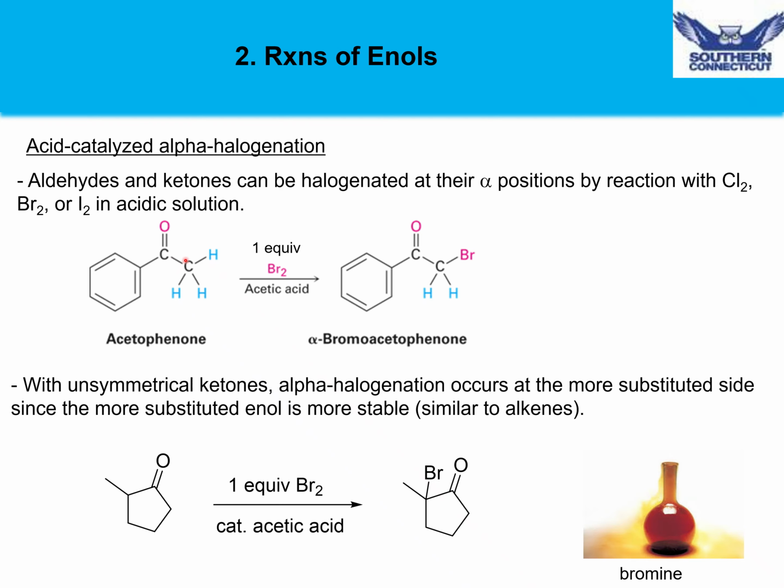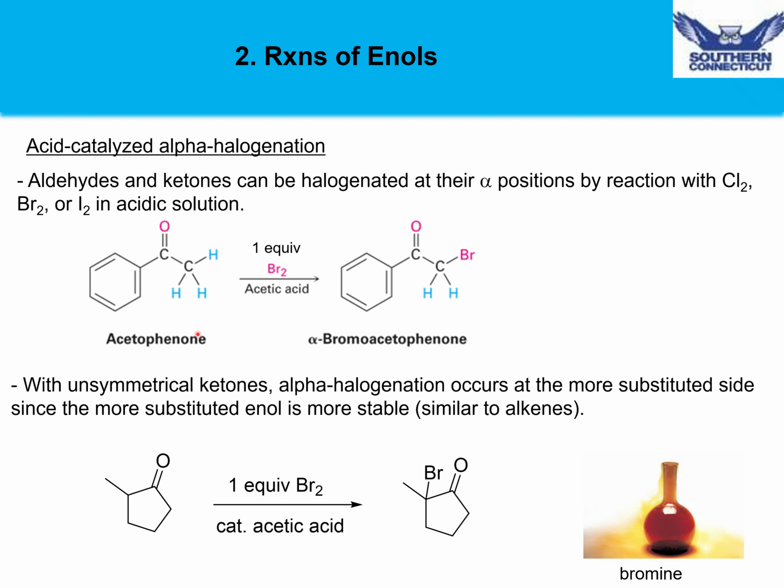As an example, acetophenone, when mixed with acetic acid, which would be our acid catalyst, and one equivalent of Br2, will lead to replacing one of these three alpha hydrogens with a bromine. Note that the left side has no alpha hydrogens, and so no substitution will occur on that side.